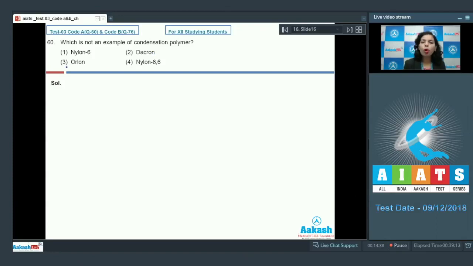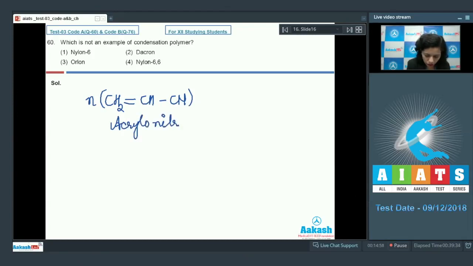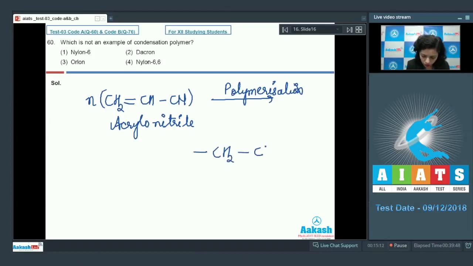Further we have Orlon. Orlon is an addition polymer and this is basically the polymer of acrylonitrile. This is the monomer, and on polymerization it results in the formation of the polymer Orlon.